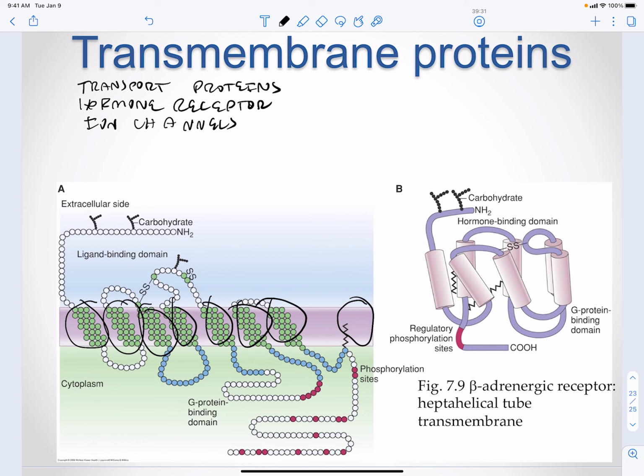They're going to always have alpha helical regions in which you have your hydrophobic amino acids exposed to the lipid bilayer. So these are our alpha helix. And the alpha helix will fold so that you have your hydrophobic interacting with the lipids.